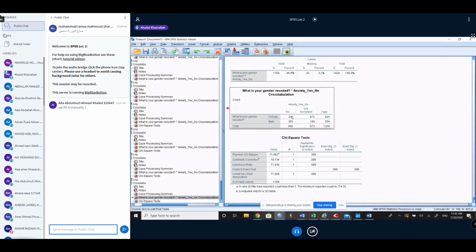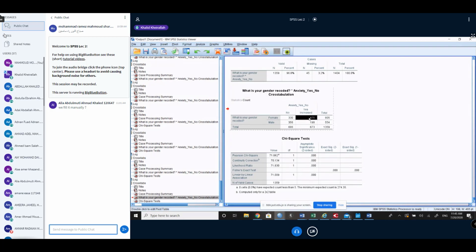So from this table, 475, if I divide it by 805, it's going to give me the prevalence or the percent of anxiety among females. If I do the same, 198 divided by 554, this will give me the percent of anxiety among males.